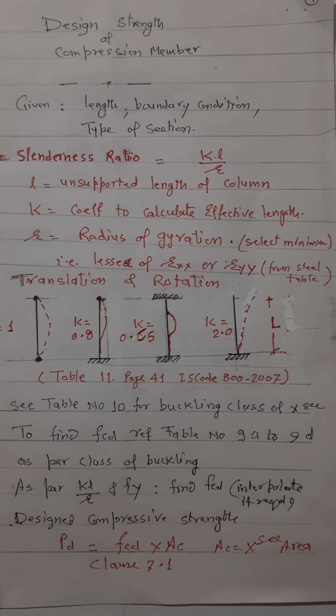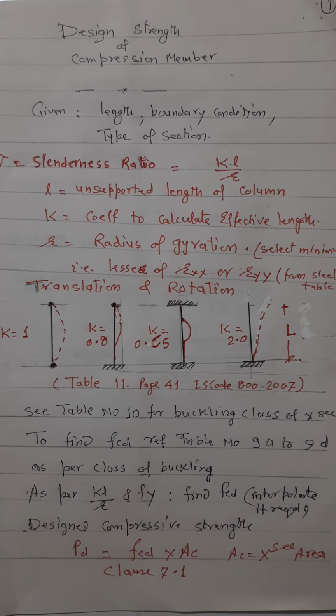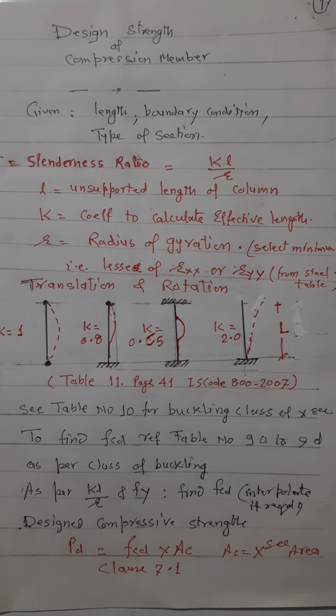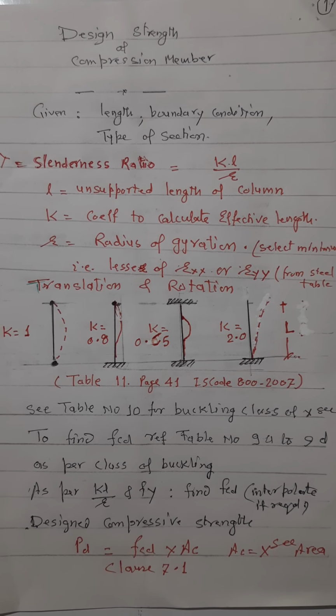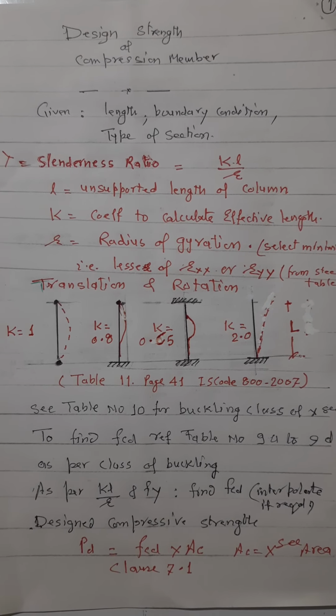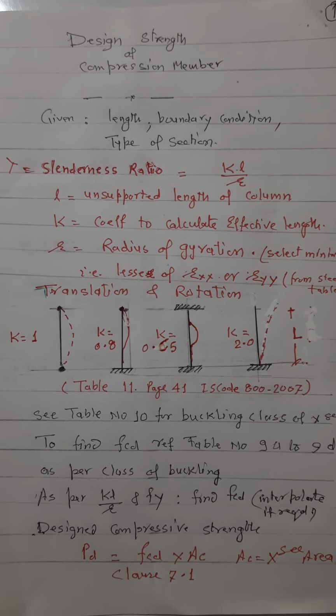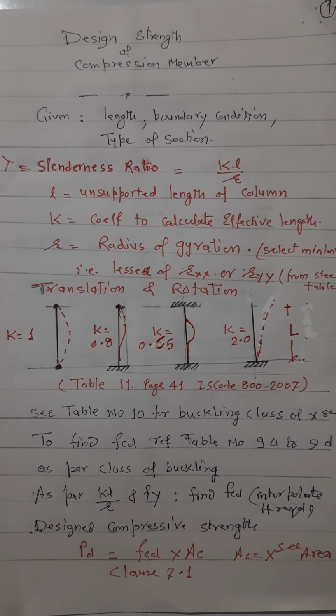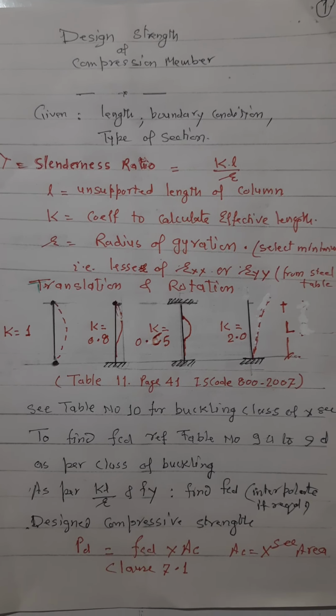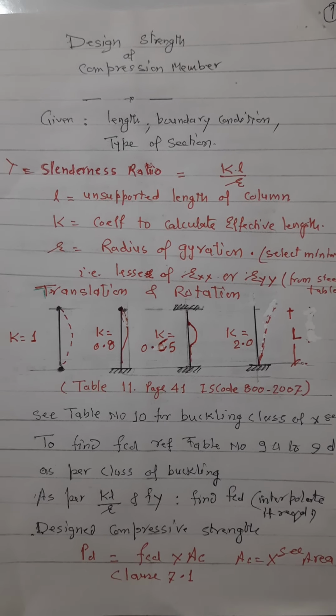First of all, we'll talk in terms of the length. When we are talking about the length of the compression member, it is required to calculate the effective length of the compression member. Generally, in the normal case, the length given is an unsupported length.